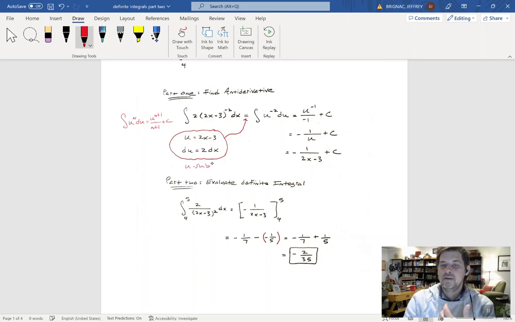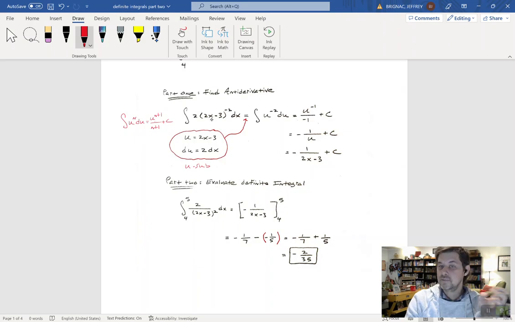In combination, this is the rule that I have in mind and this is the substitution that I'm going to use. If I think that this particular integral is going to be workable by this rule, then I would let this thing here, which has that power, be u. So u is going to be 2x minus 3.